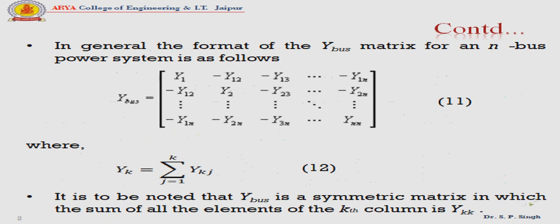In general, the format of Y bus matrix for an n bus power system is as follows, which is given in equation 11, where Ykk is given in equation 12. It is to be noted that Y bus is a symmetric matrix in which the sum of all the elements of the kth column is Ykk.